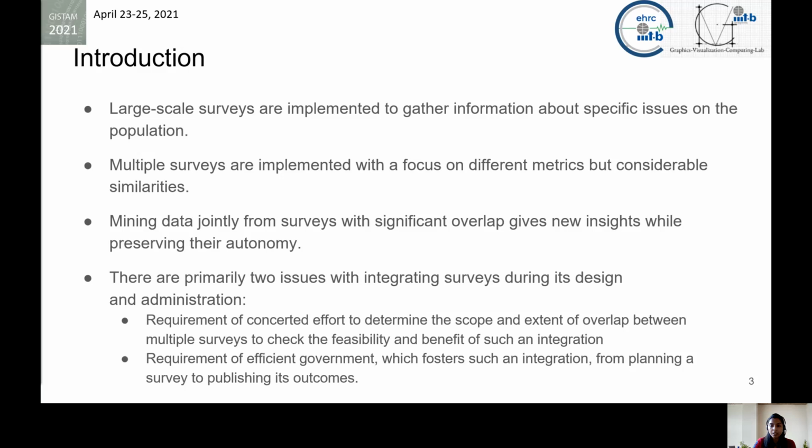Mining data jointly from surveys with significant overlaps gives new insight while preserving their autonomy. Our work shows that such an integrated analysis is beneficial along with preliminary analysis of existing national surveys to maintain their autonomy.